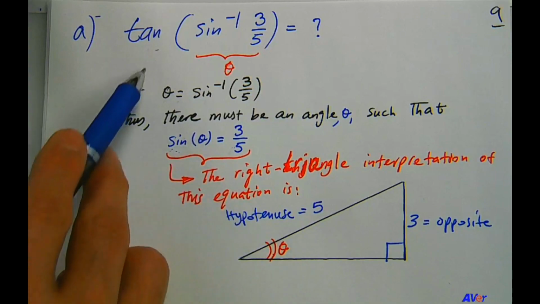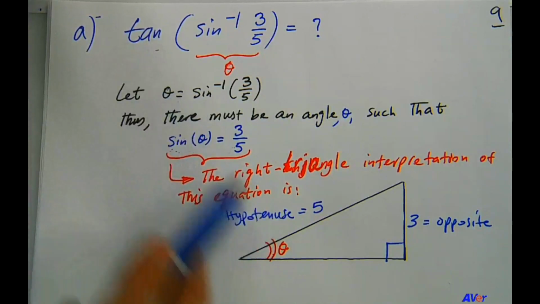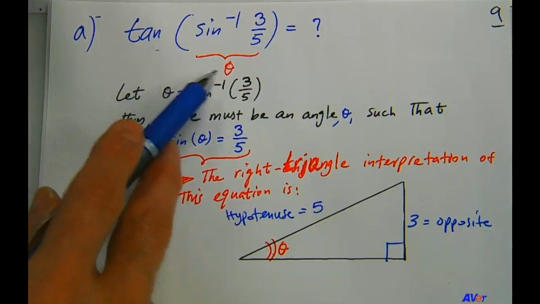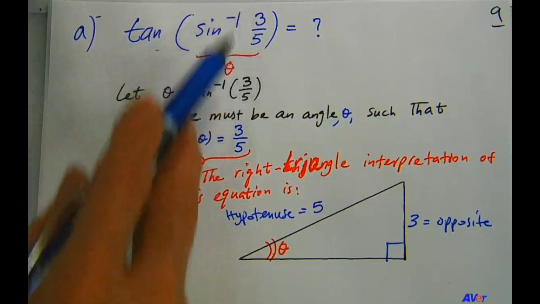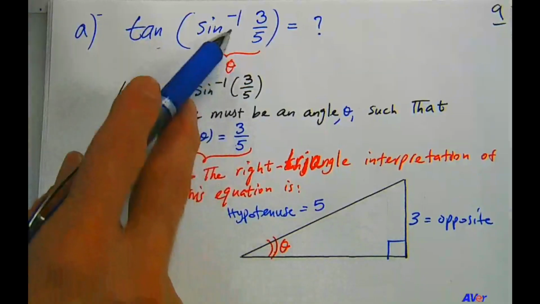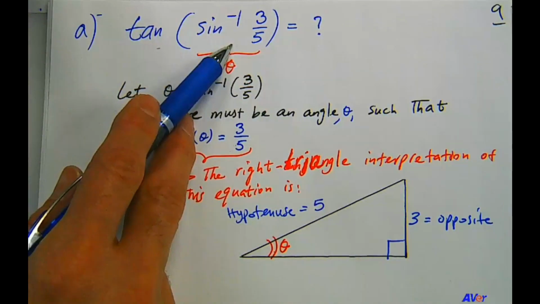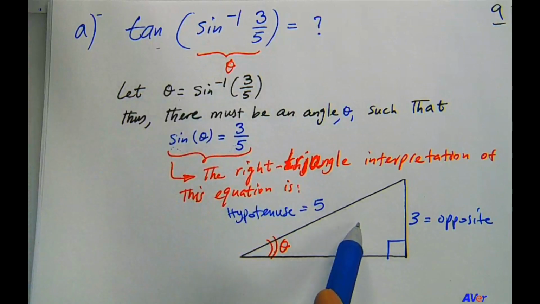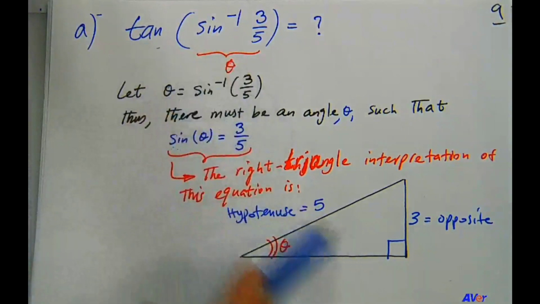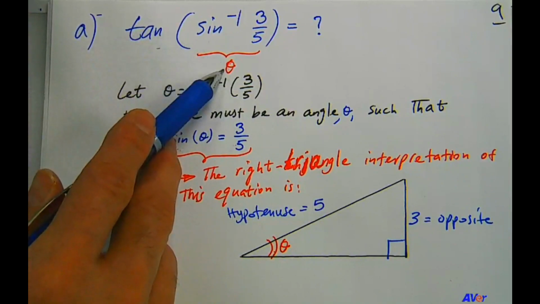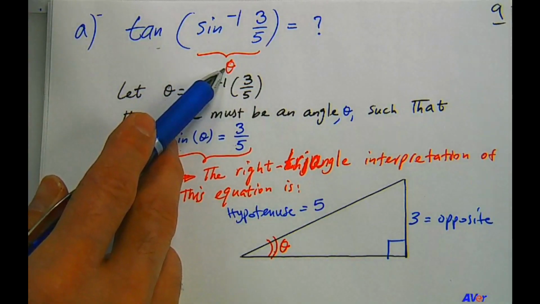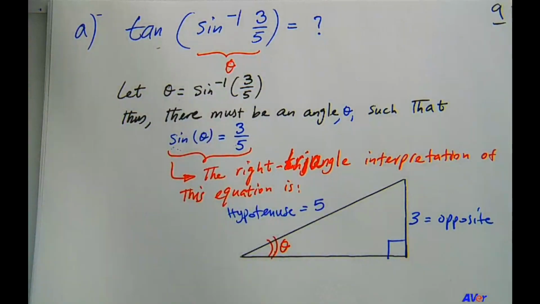Now we can find the tangent of this theta, right? Because this theta is the same theta. So instead of that, now we have a geometric interpretation of this. This right triangle is the geometric interpretation of what we have up here. So now we can find the tangent of theta using the sides we have.